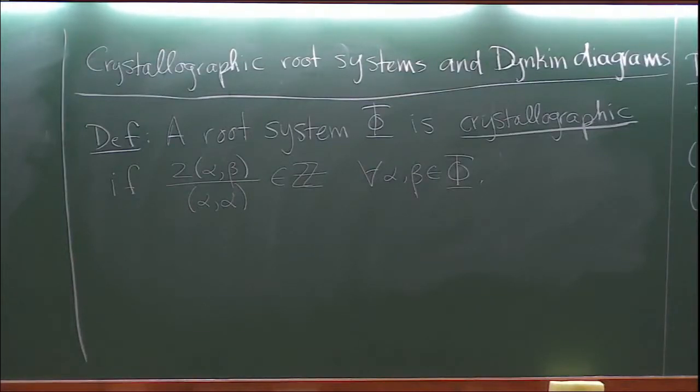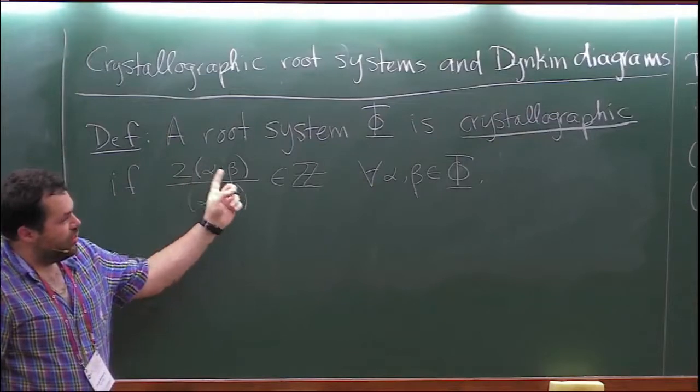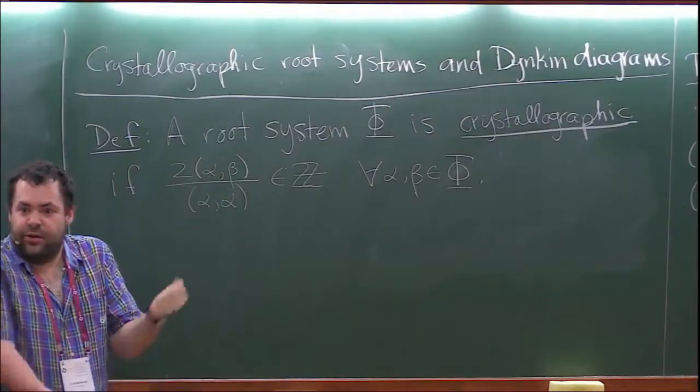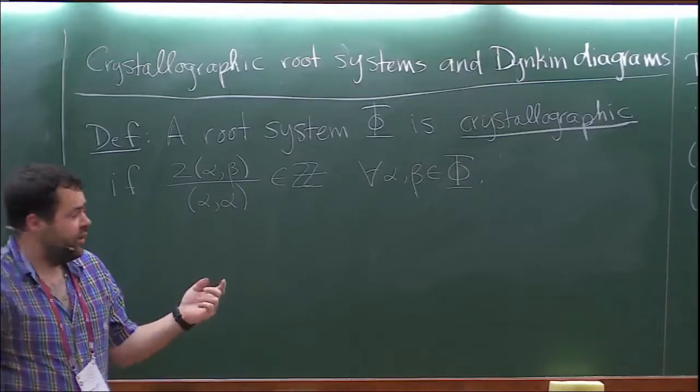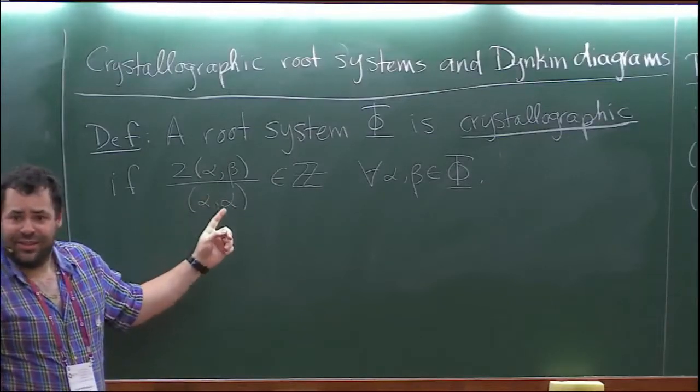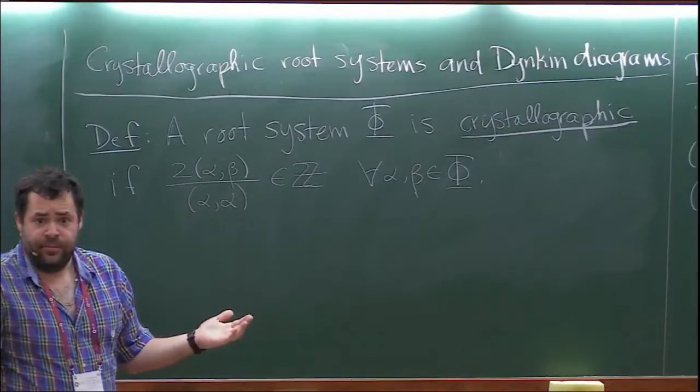So this condition severely restricts the root systems that we have. The inner product of alpha with beta has to do with the length of the vectors and the angle in between. So it severely restricts the sort of angles that we can have between our vectors in root systems.